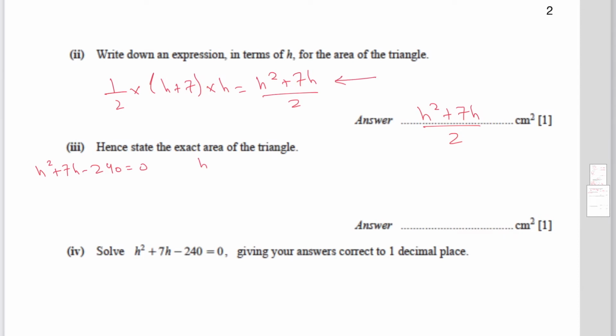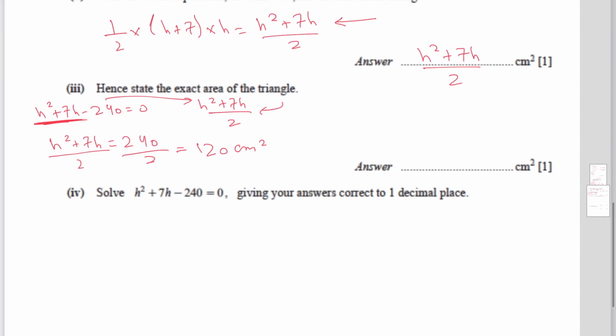Since h square plus 7h is similar to this equation right here, you write it like this, h square plus 7h equal to 240. And since h square plus 7h was getting divided by 2, you divide this by 2 and you divide this side by 2 as well. So the exact area is going to be 240 divided by 2, which gives you 120 centimeters squared. So you write it over here. I hope this part made sense. It was a tricky one.